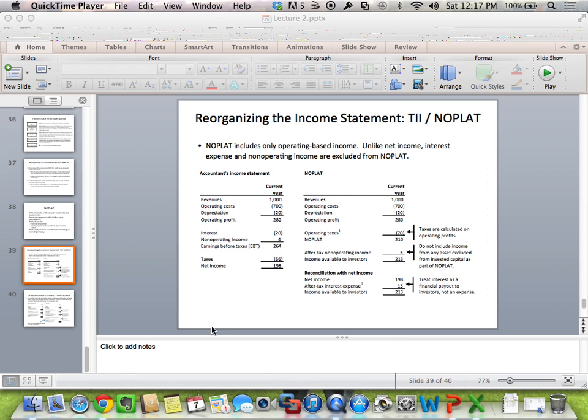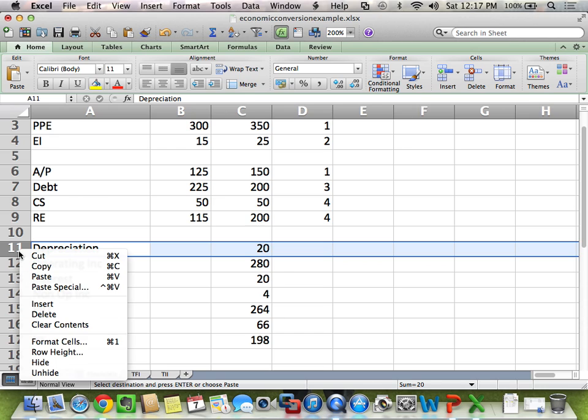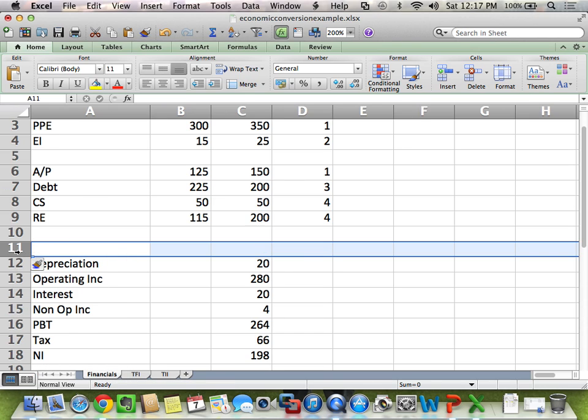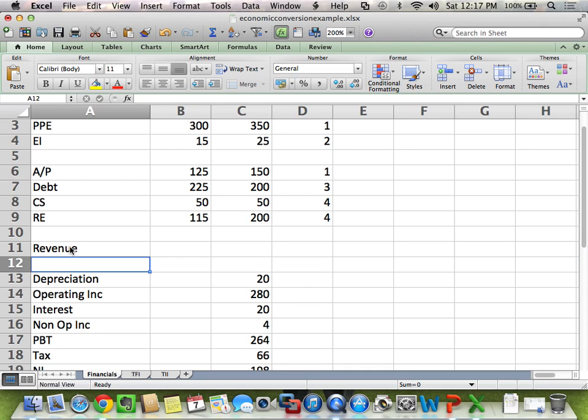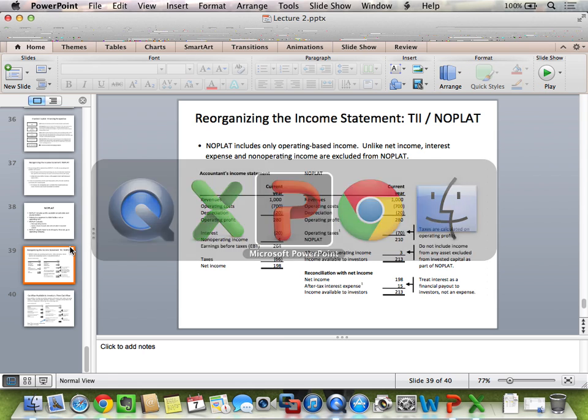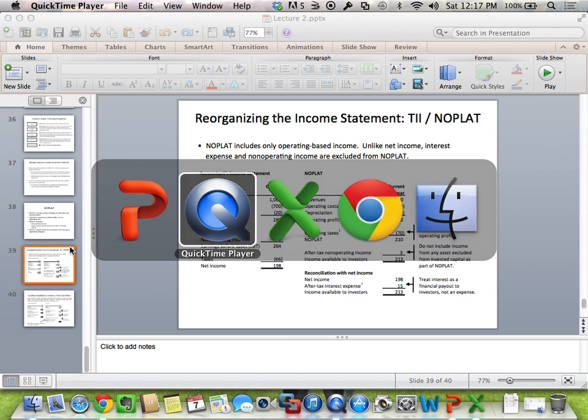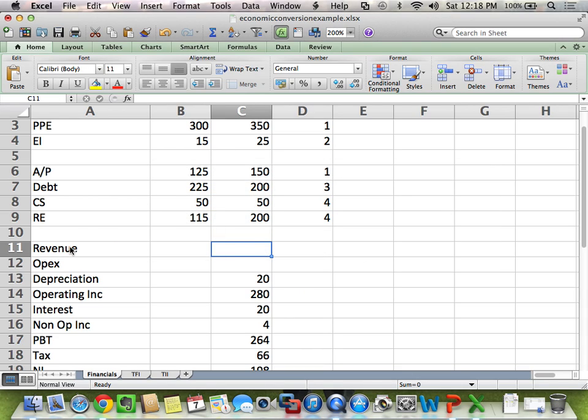So let's just look at operating and non-operating here. Just so we can see everything, I have revenue, I have operating expense, and the numbers, 1,000, $720.